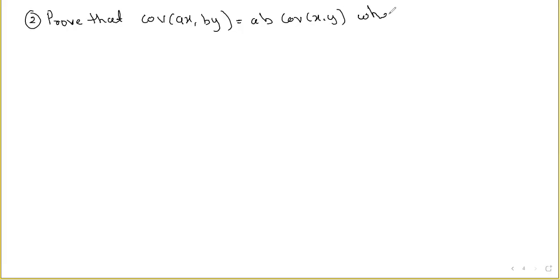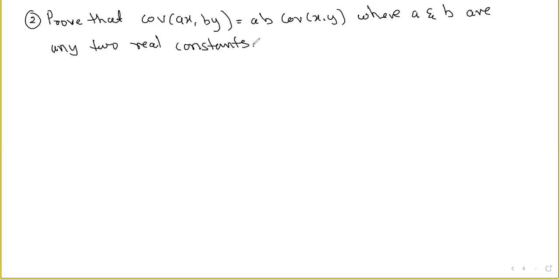So second theorem, prove that covariance of ax comma by is equal to a into b covariance of x comma y, where a and b are any two real constants.